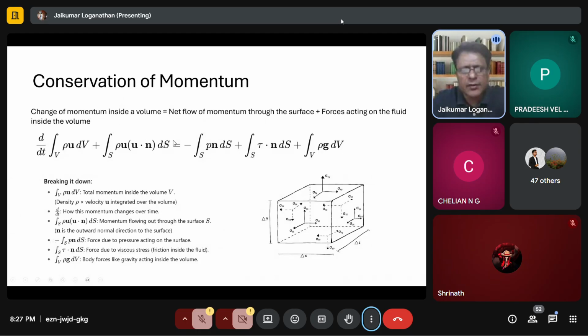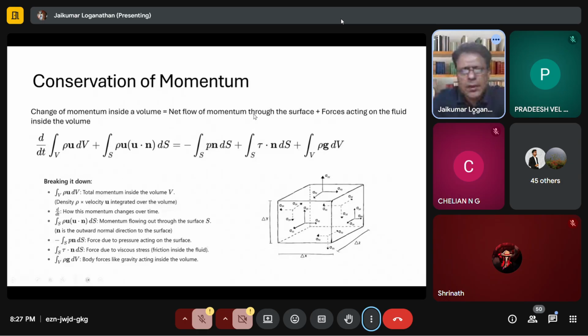This is the convective term, which is non-linear because you have two u's here, it becomes u square when you're trying to solve it. So most of the complexities come from the non-linearity in the convective term. Then the pressure and the shear stress. You will see later that shear stress is a second derivative, and how to solve that we can see later. Okay. So this is the conservation of momentum, which is based on Newton's law of motion.